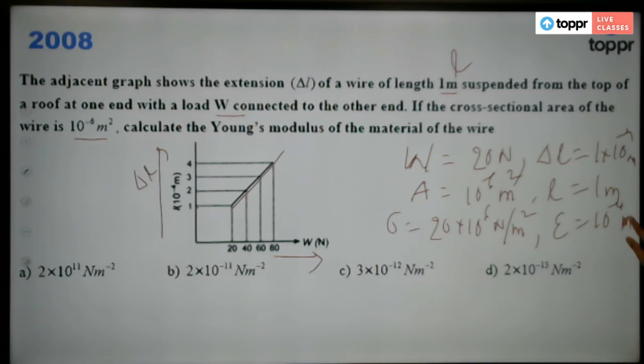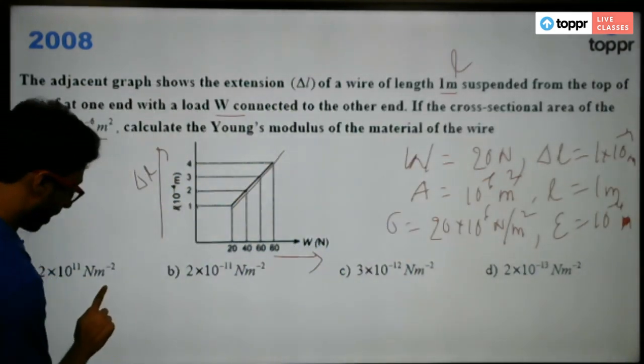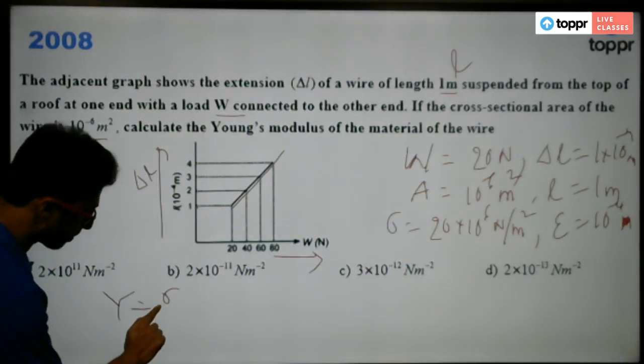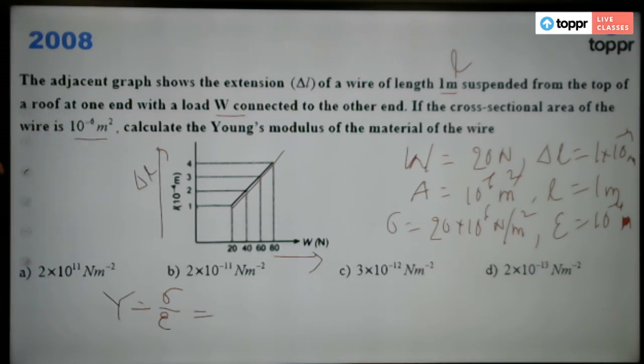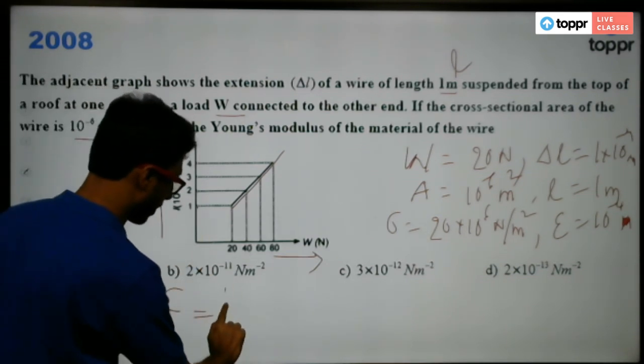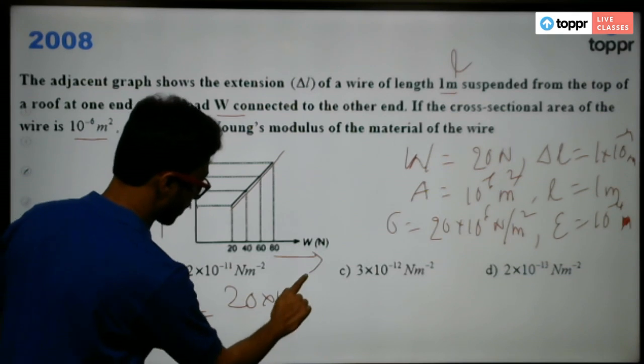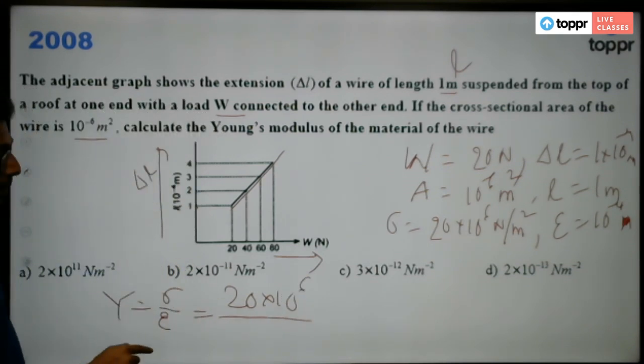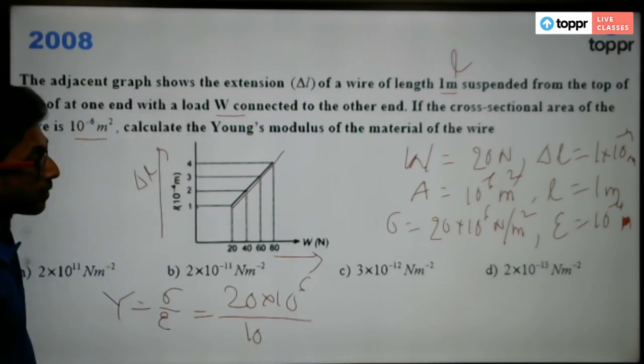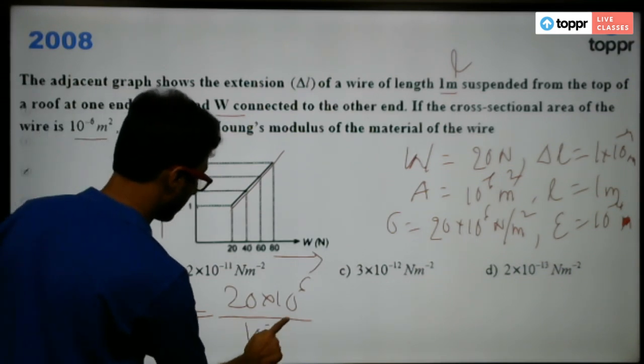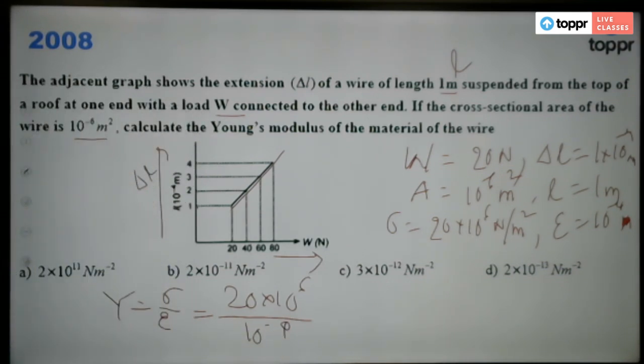Sorry, it's not meter. It has no unit. Okay, so Young's modulus is what? Young's modulus is nothing but stress by strain. Stress is 20 into 10 to the power 6, divided by 10 to the power minus 4, right?